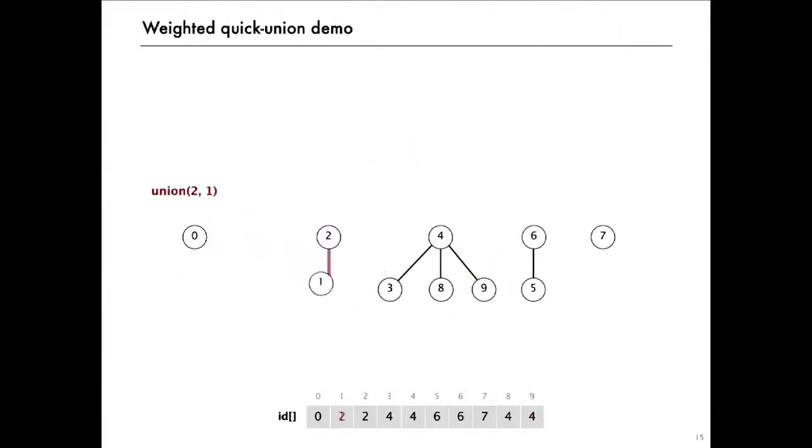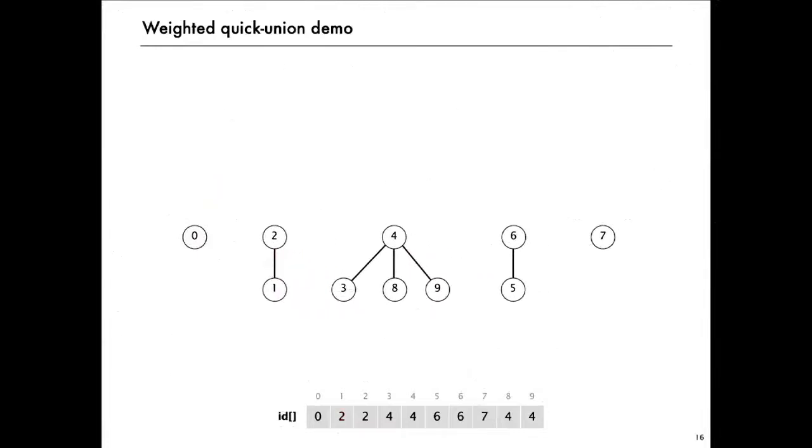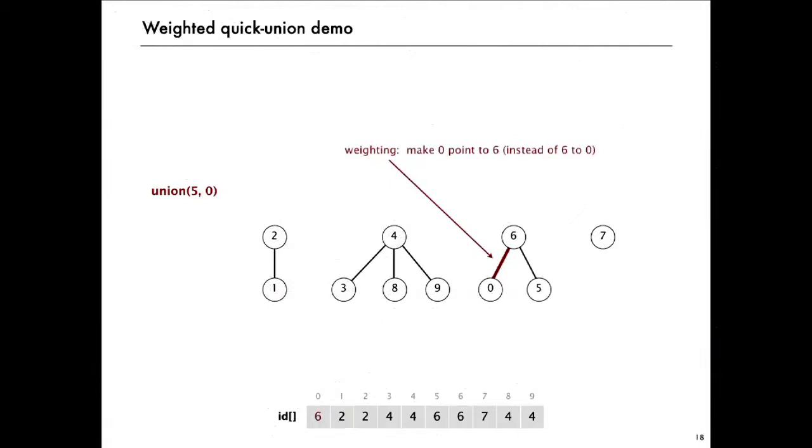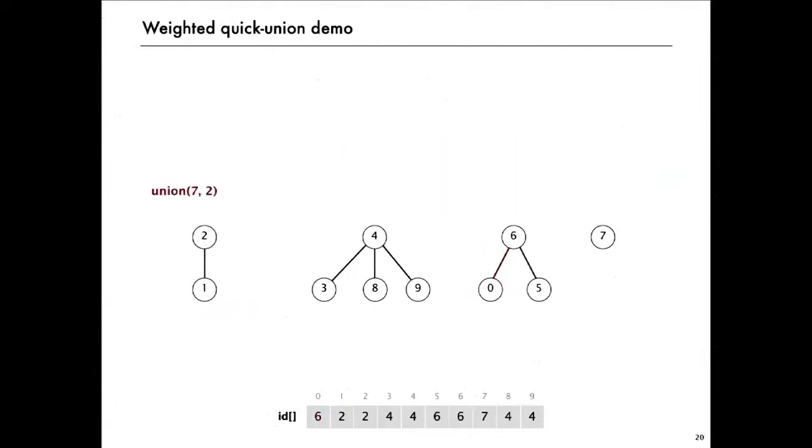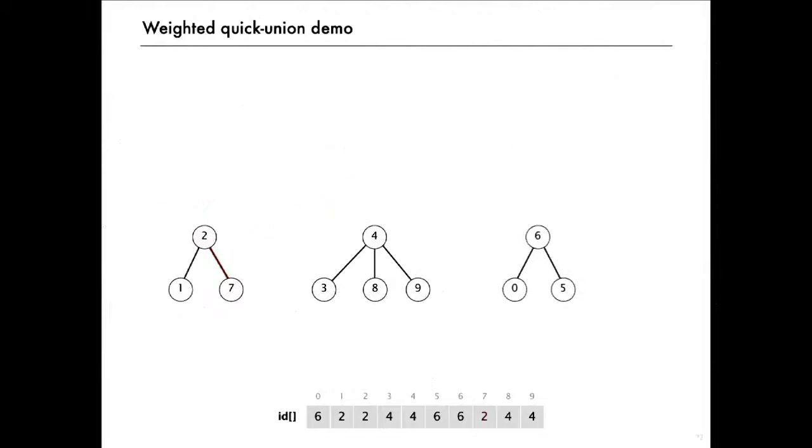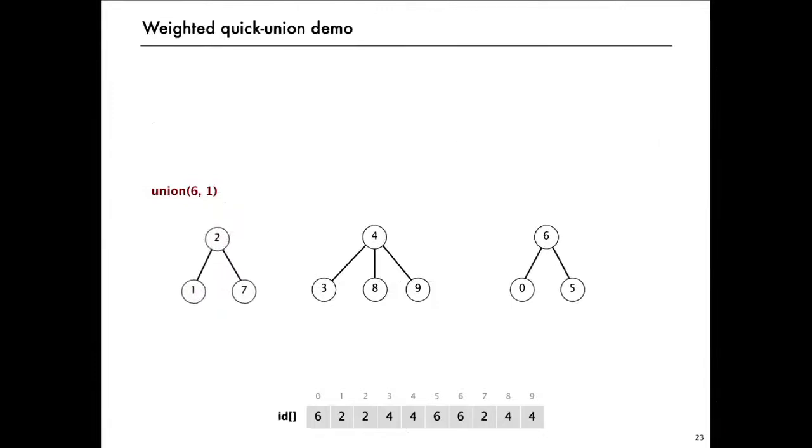2 and 1. 5 and 0. Now 5's in the bigger tree, so 0 goes below. 7 and 2. 2's in the bigger tree, so 7 goes below. 6 and 1, they're in equal size trees.